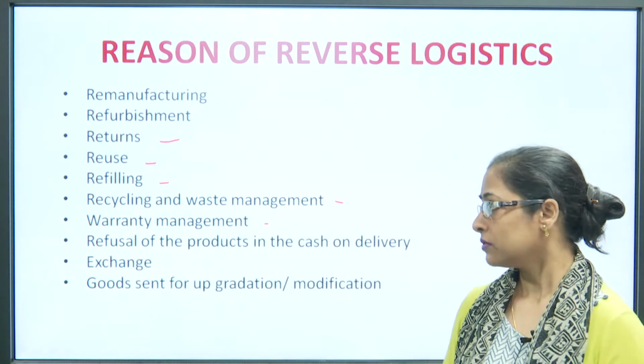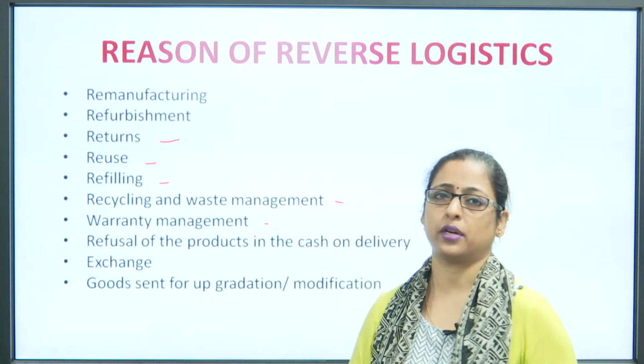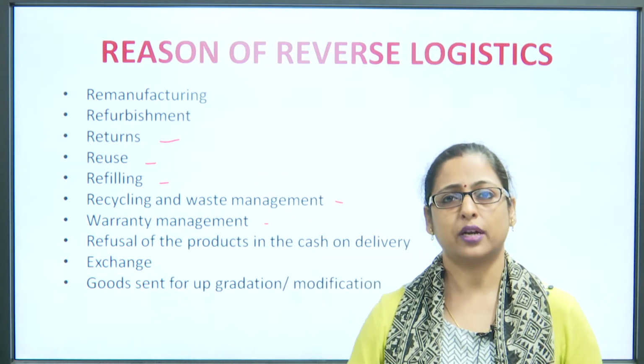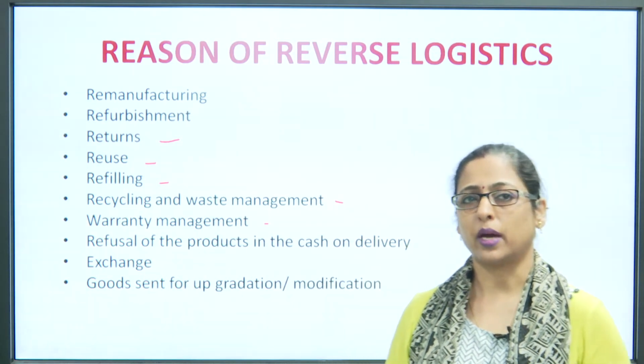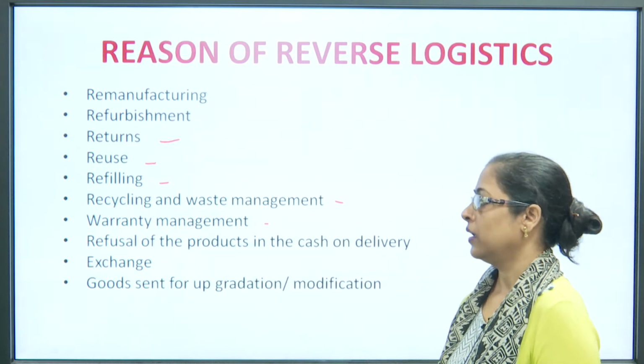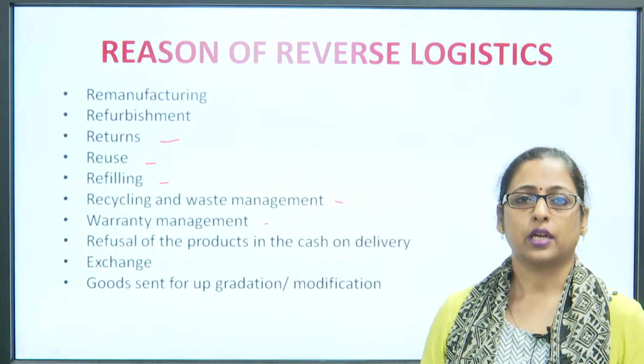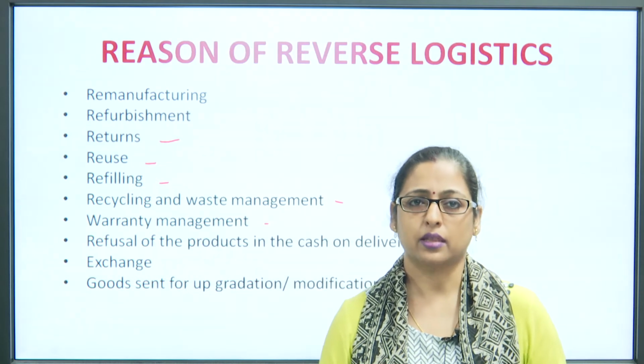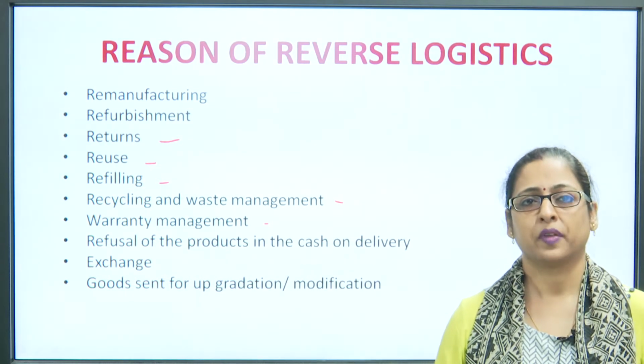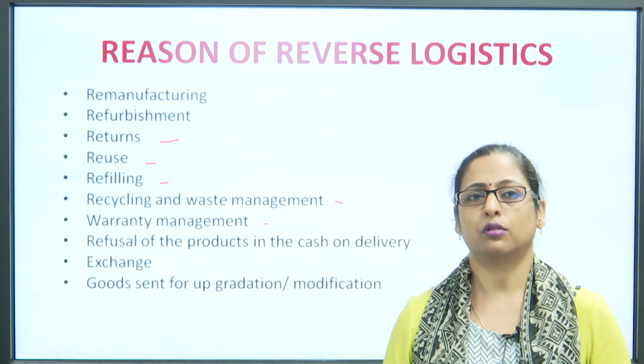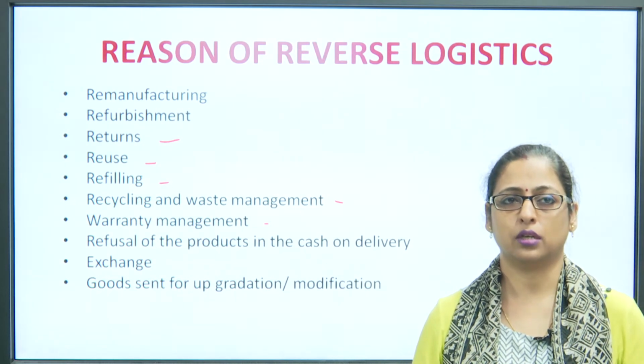So in this case also the companies are expected to provide a channel to the customers to take back the products. Then refusal of product in the case of cash on delivery, again this concept has also come into focus with the coming of the e-commerce channel.